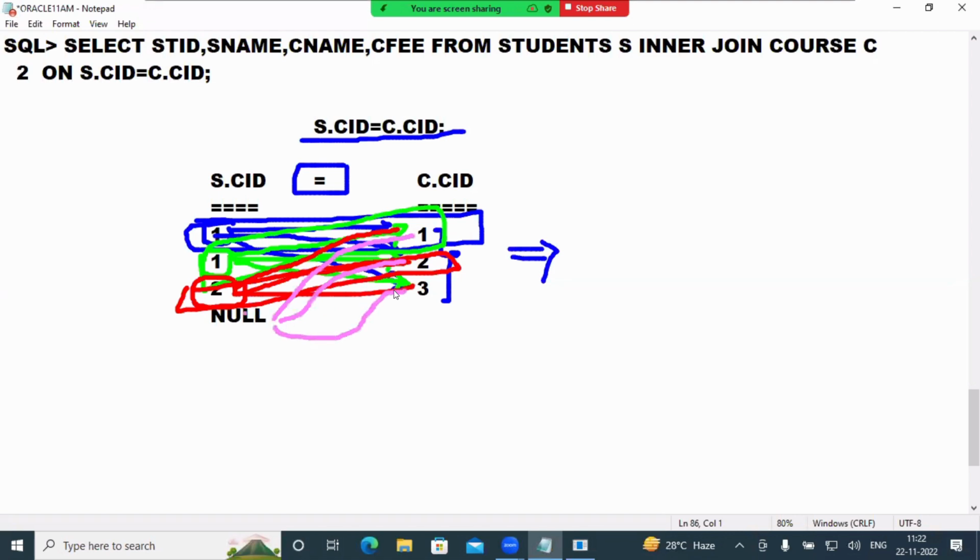In these comparisons, how many matches are there? 1 and 1 match two times, and then 2 and 2 match. So this is your final output.